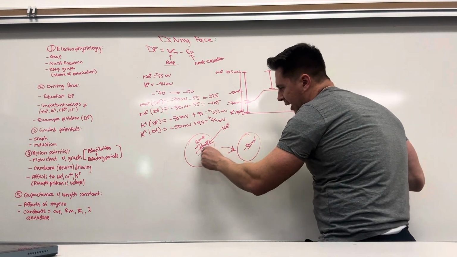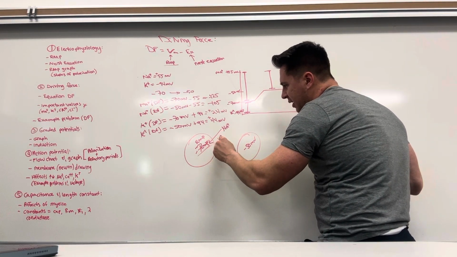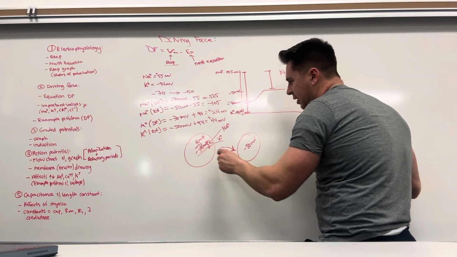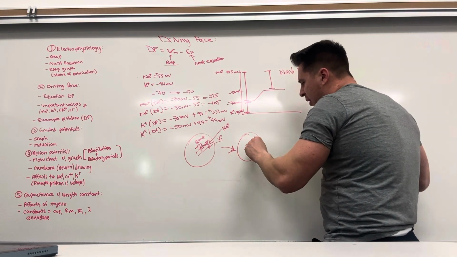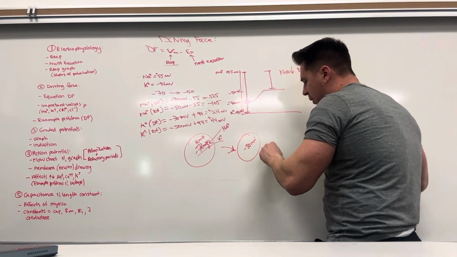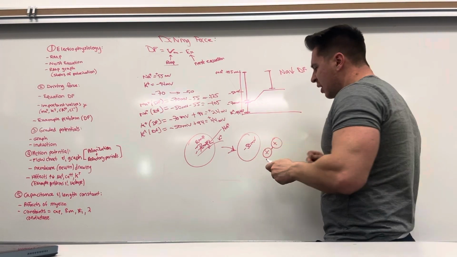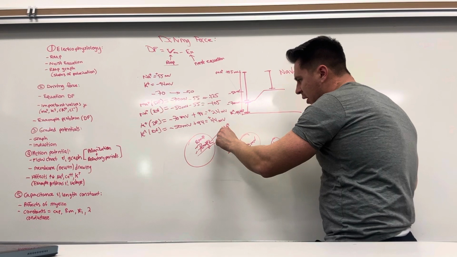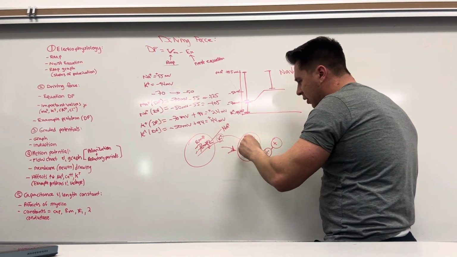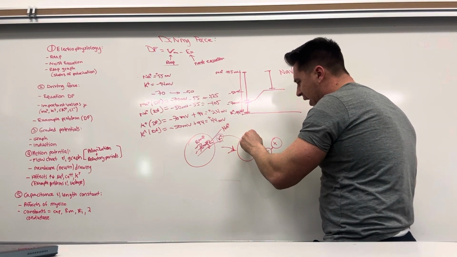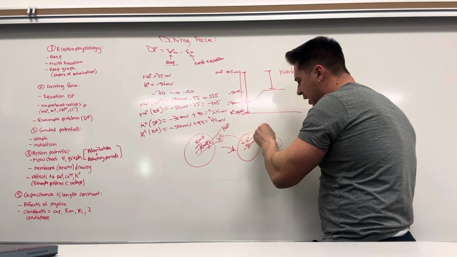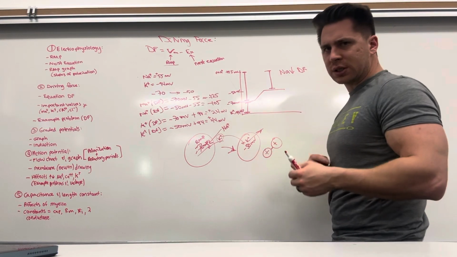Because this is more negative and potassium is positive, potassium wants to stay because it's attracted to that negative. But if it becomes more positive, we know that a positive and a positive, they repel each other. And so as the cell becomes more positive, this potassium is like, hey, I want to get out of here. And so its desire to leave, its driving force is greater.